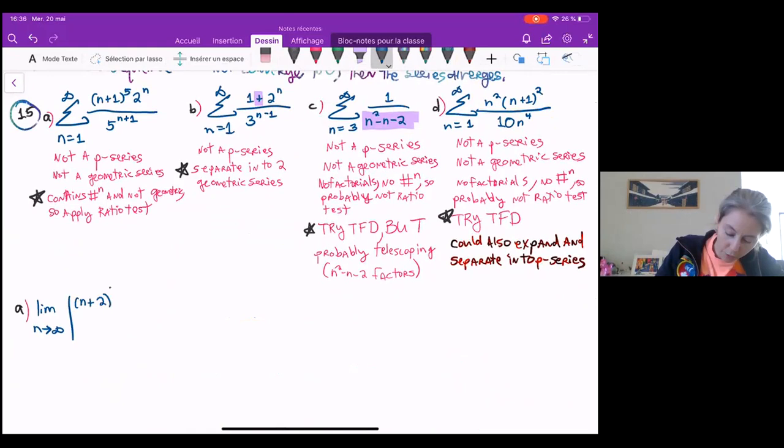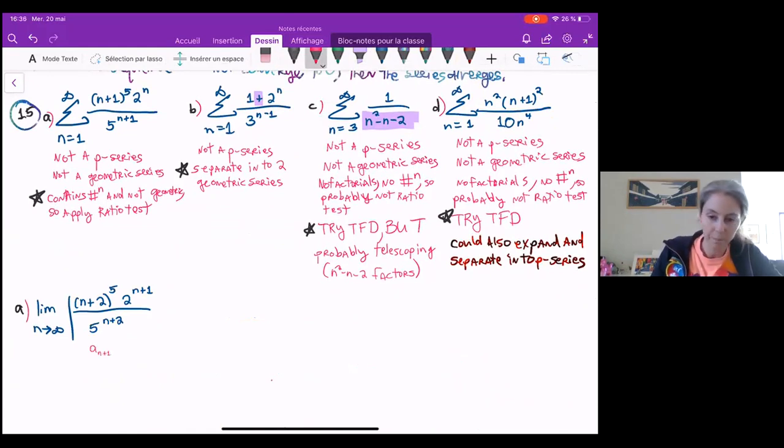So I'll have n plus 2 to the 5th, 2 to the n plus 1, over 5 to the n plus 2. So every time I had an n, I wrote n plus 1 instead. So that's a sub n plus 1. Then I take my original thing and I flip it over. So I have 5 to the n plus 1, n plus 1 to the 5th, 2 to the n. So this is 1 over a sub n.